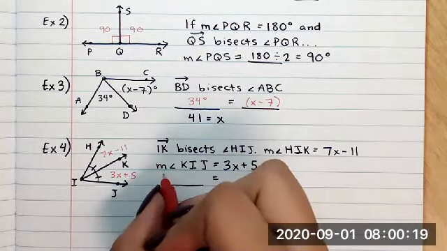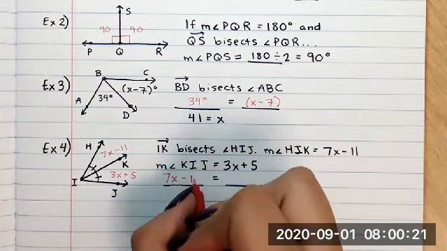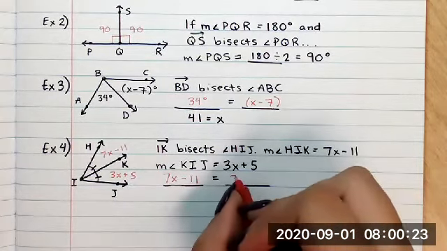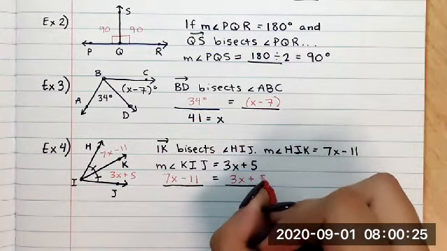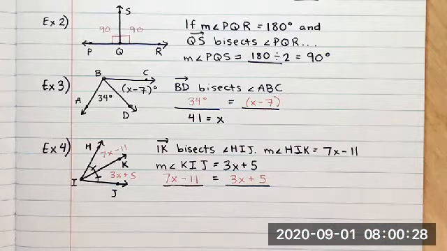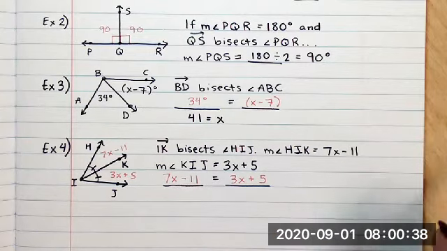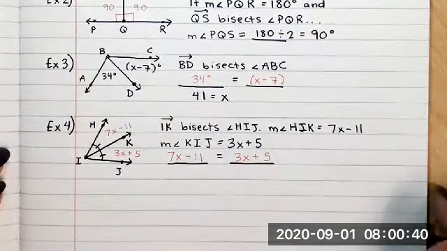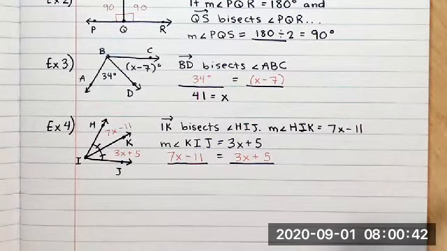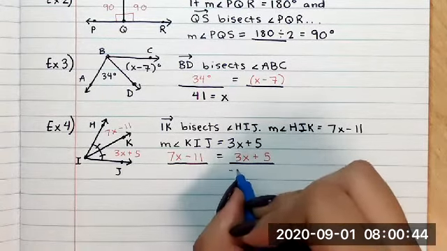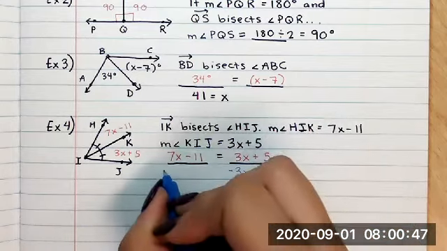Again, 7x minus 11 equals 3x plus 5. And now I just have to solve this equation. I'm going to use blue for this since we have a little bit more going on. Since I have a variable on both sides, I'm going to want to move my smaller variable to keep my numbers positive. So I'm going to subtract 3x from both sides.